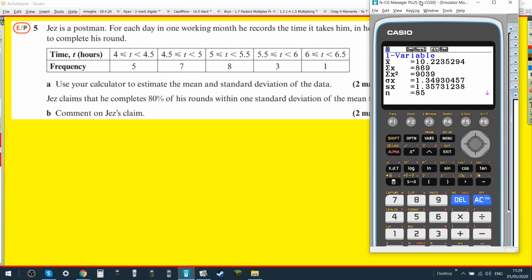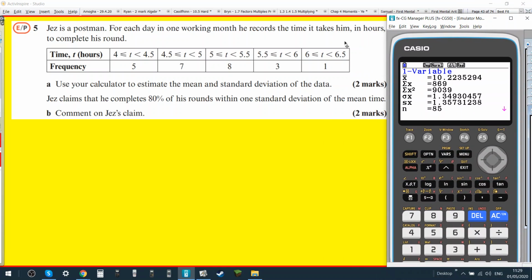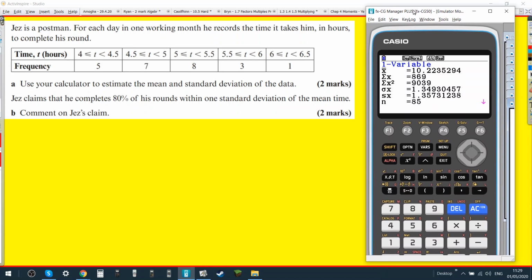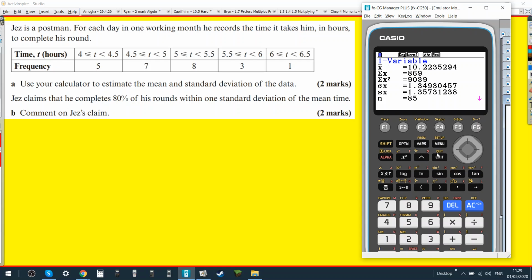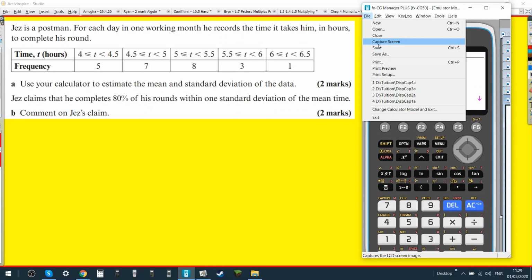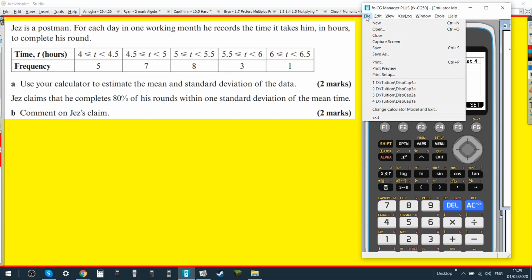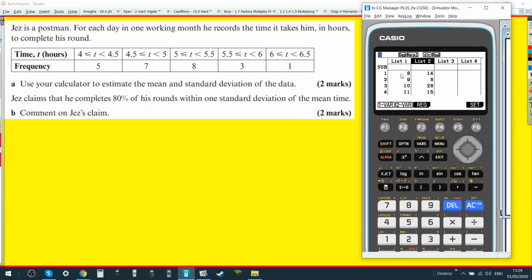Yeah, how do we do question B? I need to put this data into my calculator, don't I, and then see.